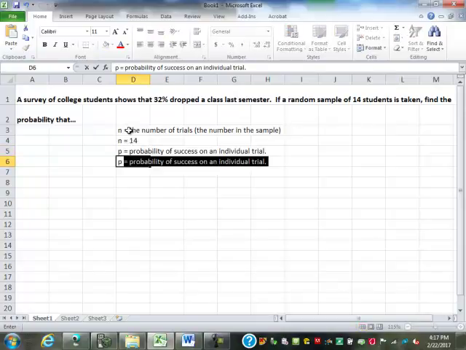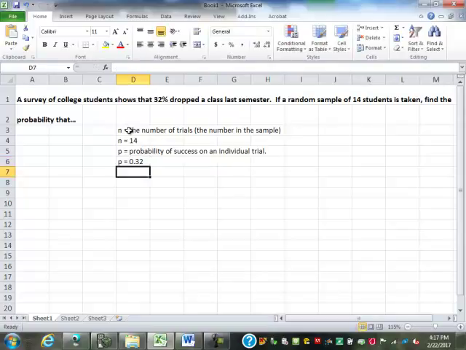For this case, since 32% of college students dropped a class last semester, that means the probability is 0.32. 32 out of 100 is what 32% literally means. You divide that out, you get a probability of 0.32 that an individual student had to drop a class last semester.